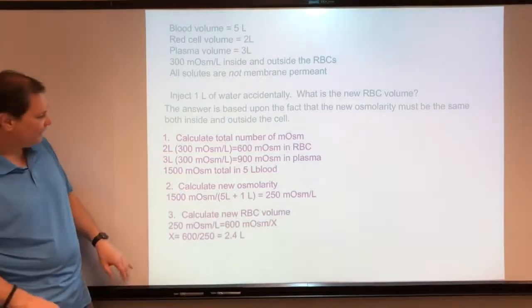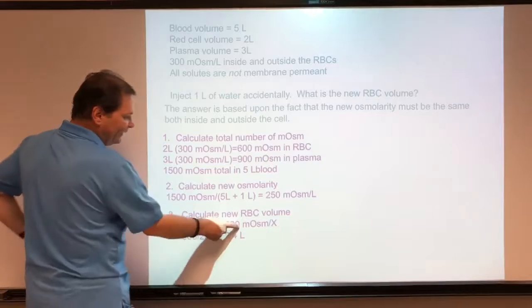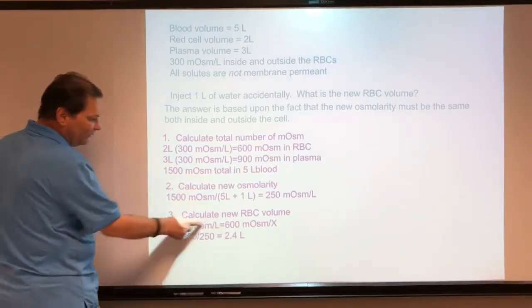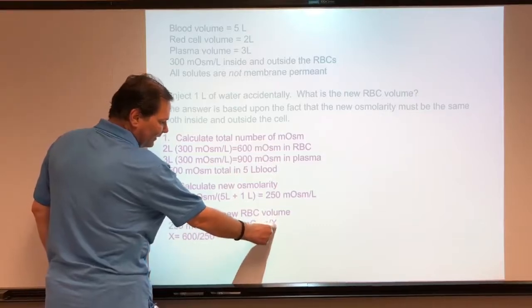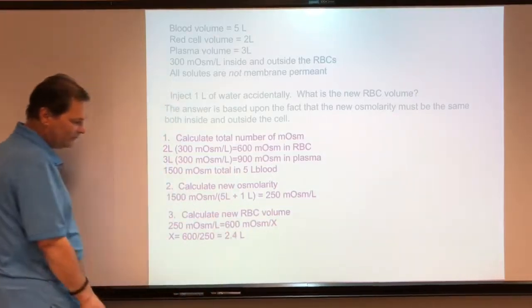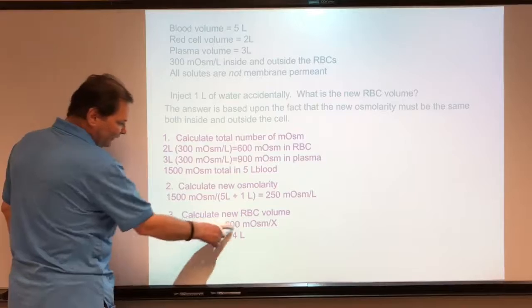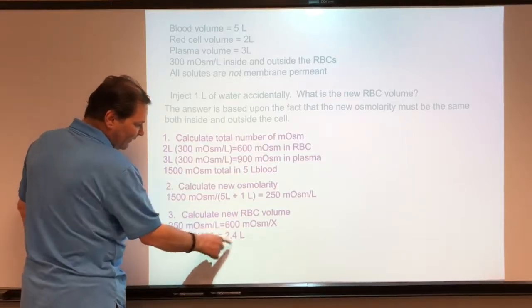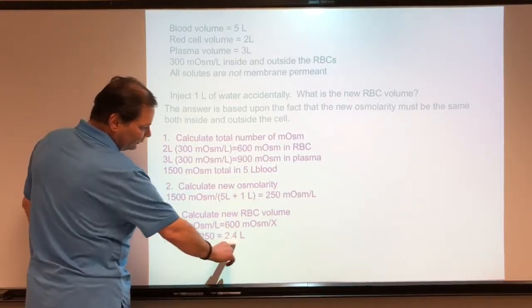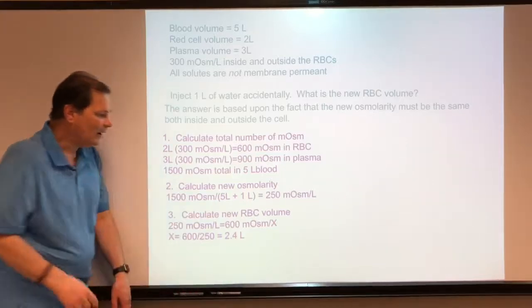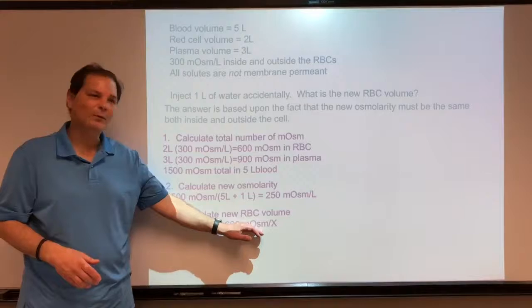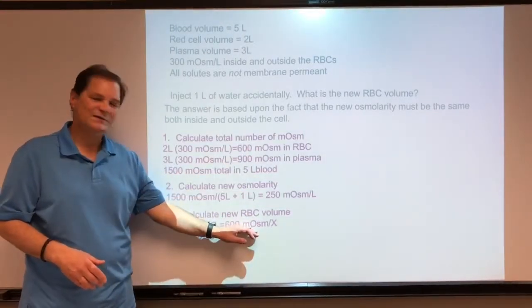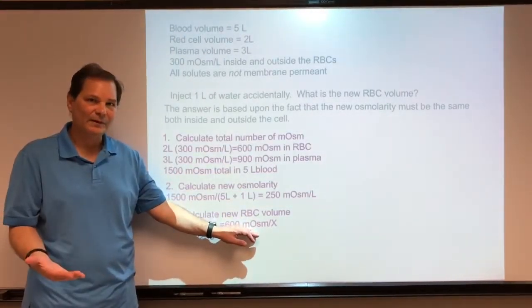So we take our 600, and we say 250 milliosmoles per liter is equal to our 600 milliosmoles divided by our new red blood cell volume, okay? If we take our 600, we divide by 250, our units cancel out and we get 2.4 liters of red blood cell volume. In other words, we had 600 milliosmoles in both situations because the particles couldn't cross the membrane.